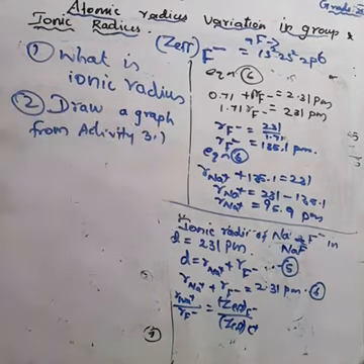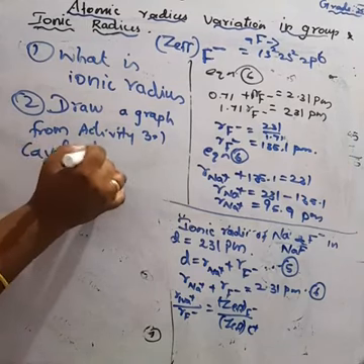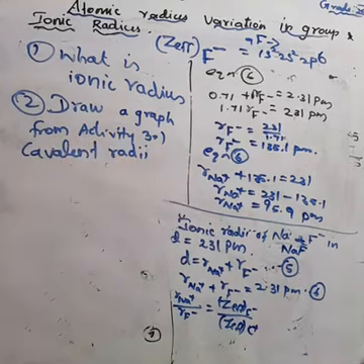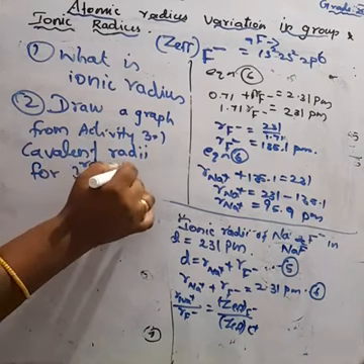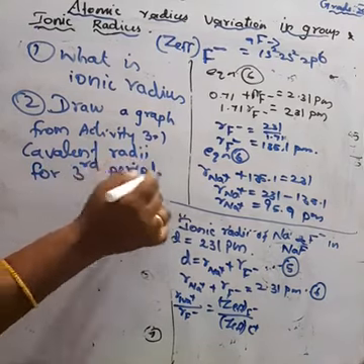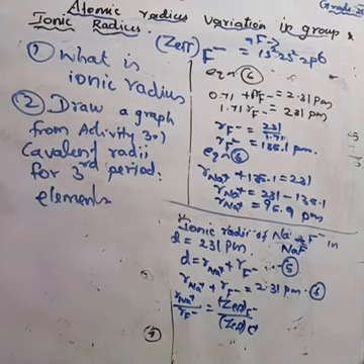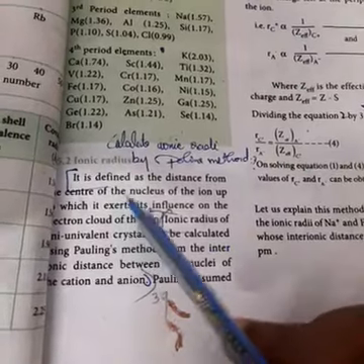Draw a graph for the covalent radii for the third period elements. If you have your book, take your book now. Students, take page number 83.